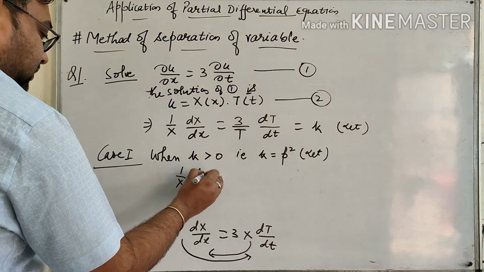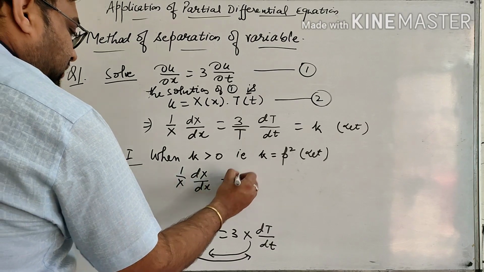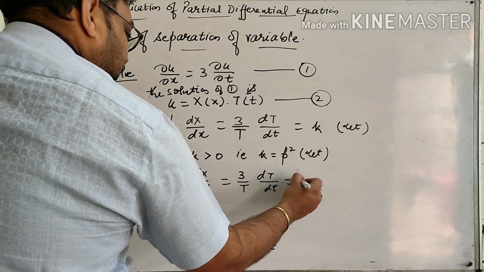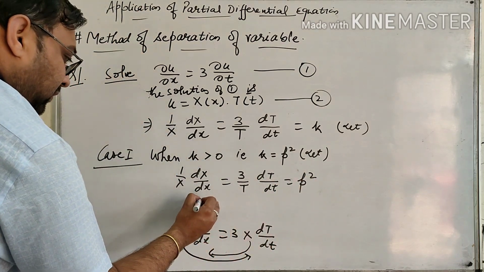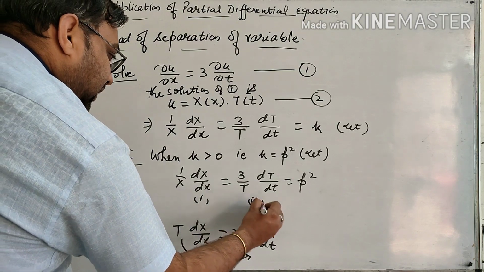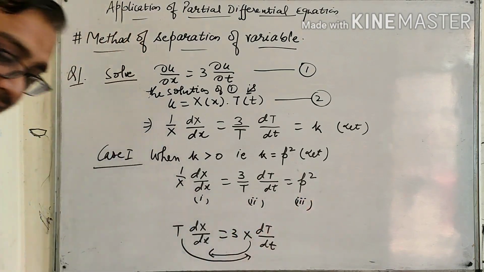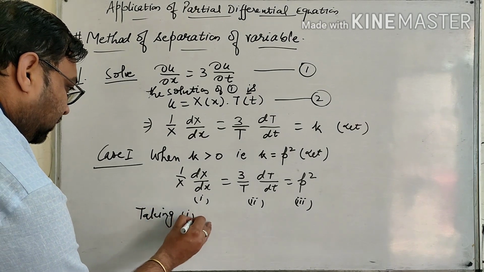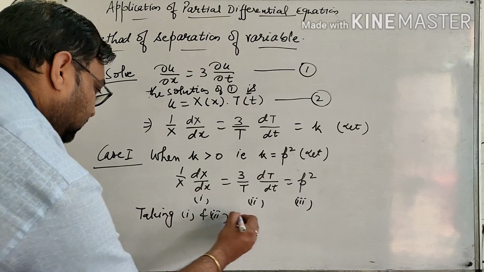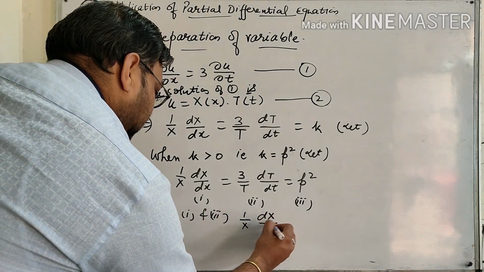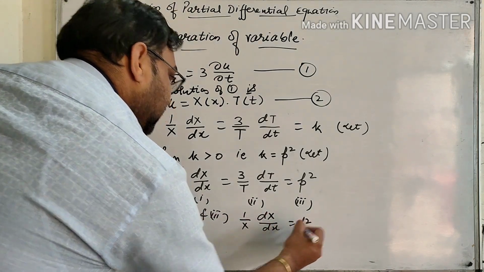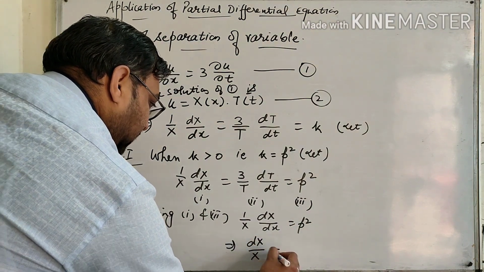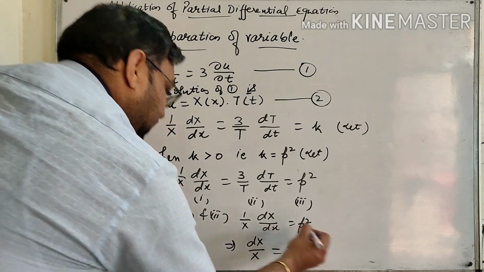Then 1 upon X d capital X upon dx equals 3 upon T d capital T upon dt equals p squared. Let these be first, second and third. Taking first and third, 1 upon X d capital X upon d small x equals p squared, or we can write it as d capital X upon capital X equals p squared d small x.